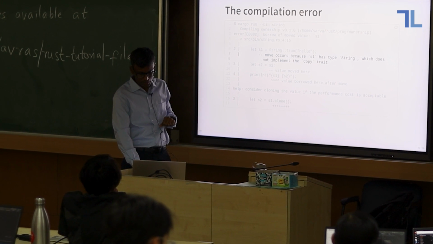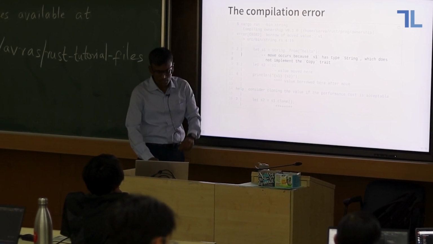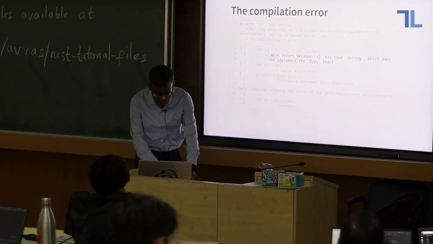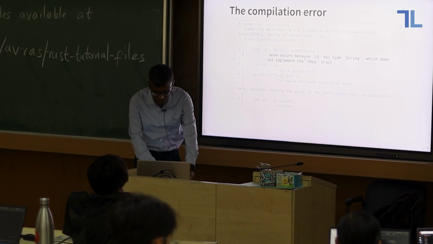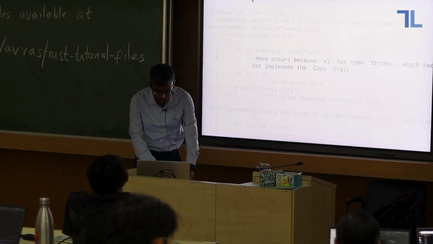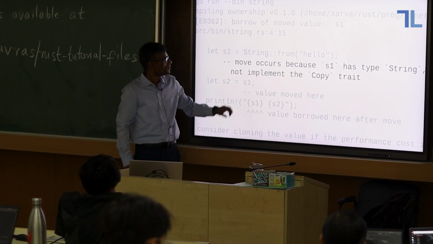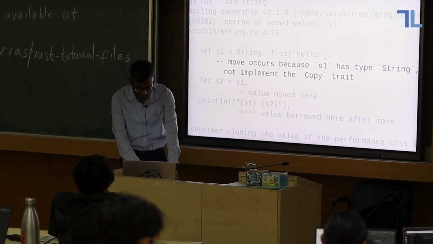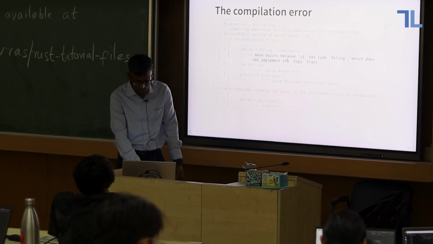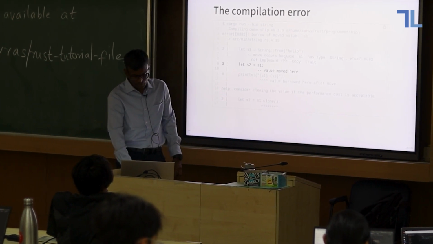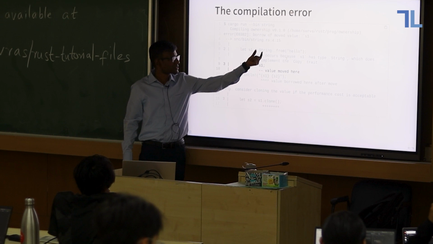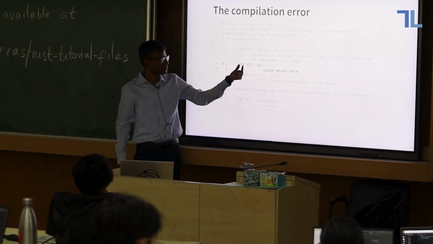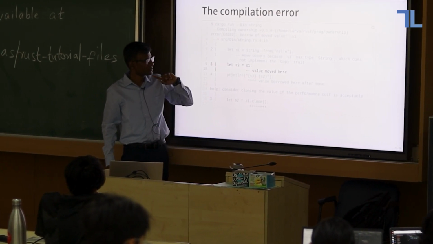Let's break it down. The first thing it says is that move occurs here, when S1 is assigned to S2. Move occurs because S1 has type String, which does not implement the Copy trait. I'll explain what that Copy trait is. And then the value of that string has been moved to S2. I said every value has a single owner.